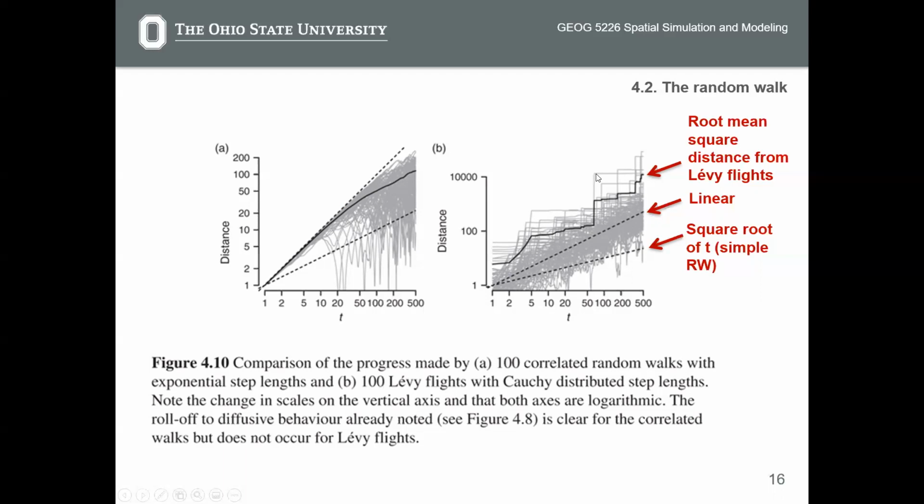Why? Those are steps with extremely long length, but the probability is pretty low. That's the reason why we only have a limited number of huge jumps. But when a jump happens, it's a huge one. That's where the long tails kick in.